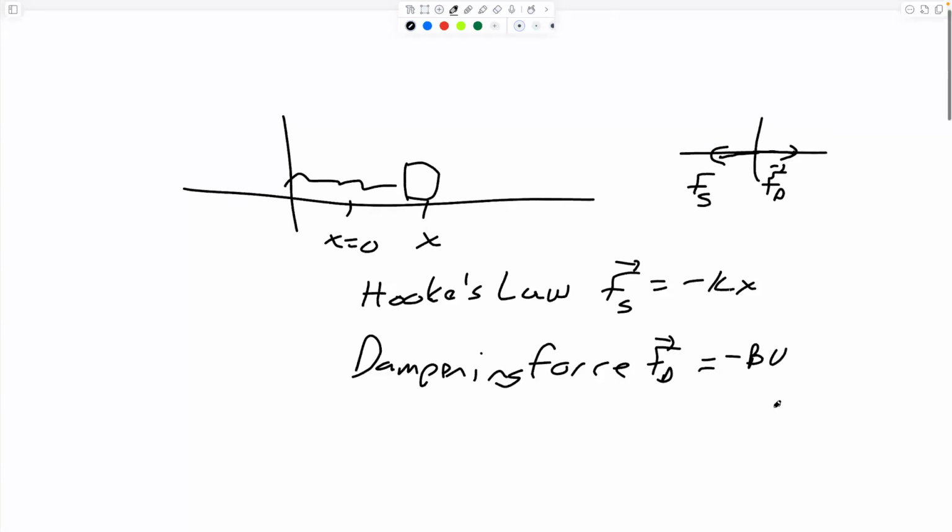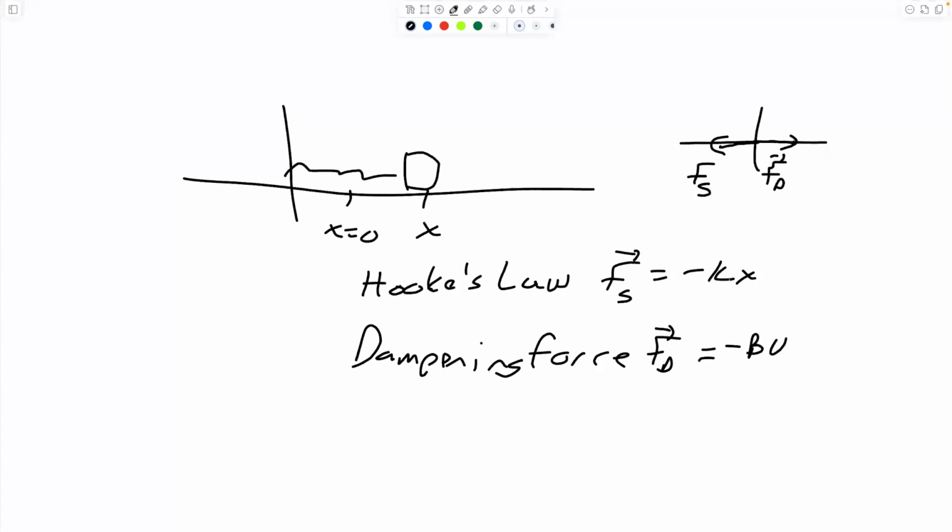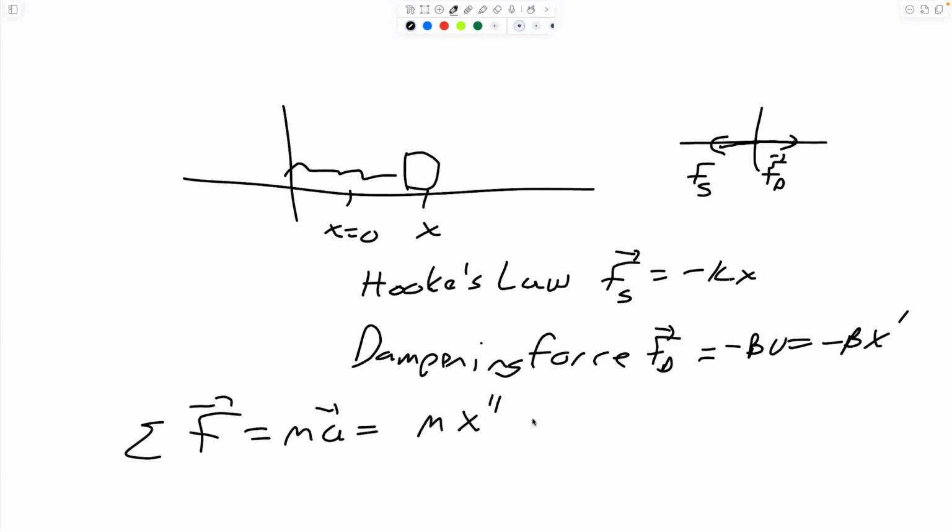Okay, then recall velocity is the derivative of position. So then F equals ma, or sum of the forces equals mass times acceleration. But acceleration is just the second derivative of position. So this would be negative beta x prime minus kx.